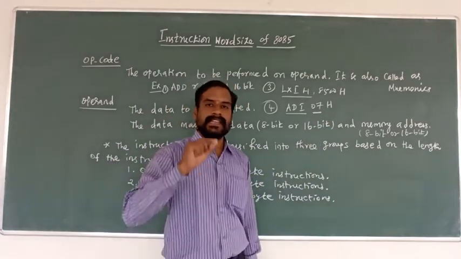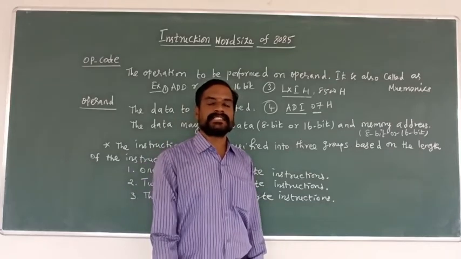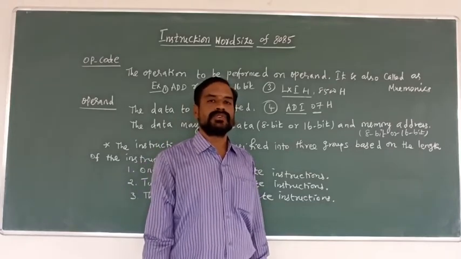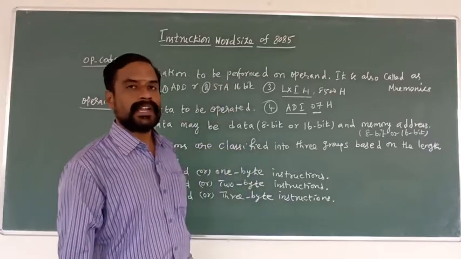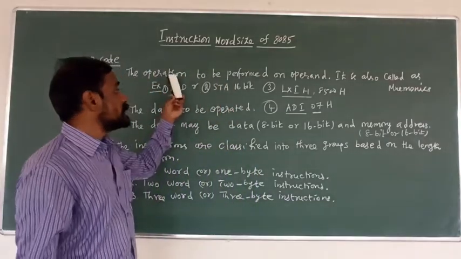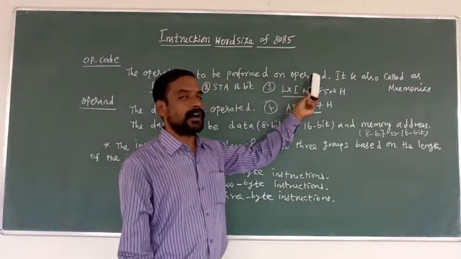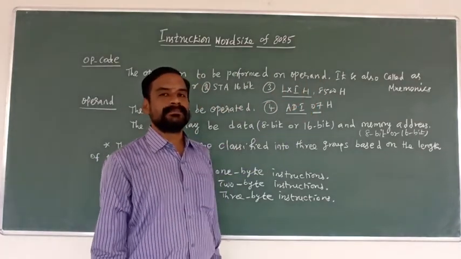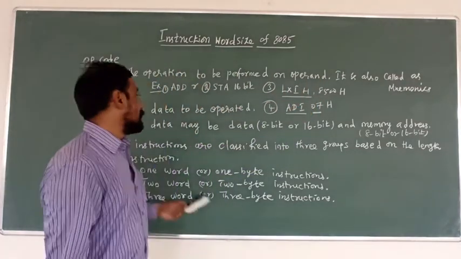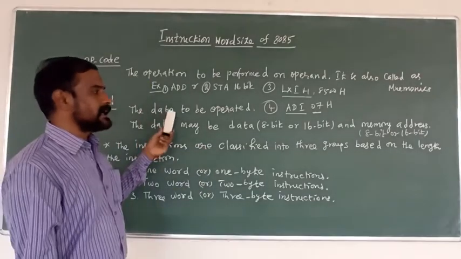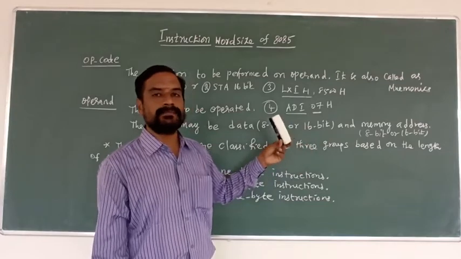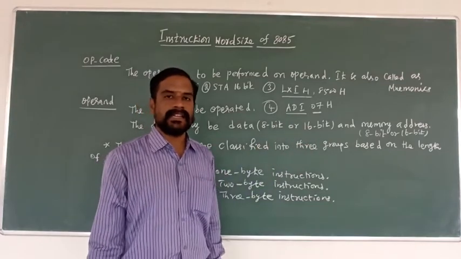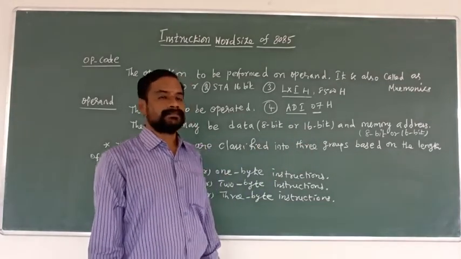Any instruction consists of two: number one, opcode, number two, operand. Opcode is nothing but the operation to be performed on the operand. Operand is nothing but either 8-bit or 16-bit data or 8-bit or 16-bit address.